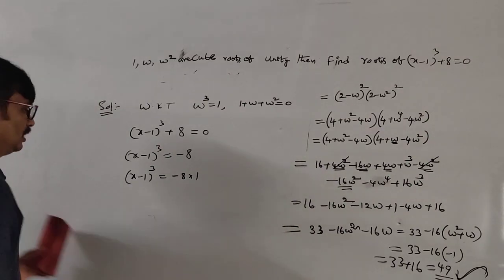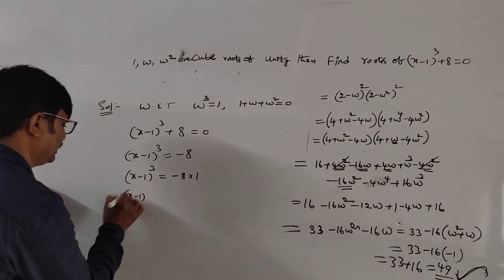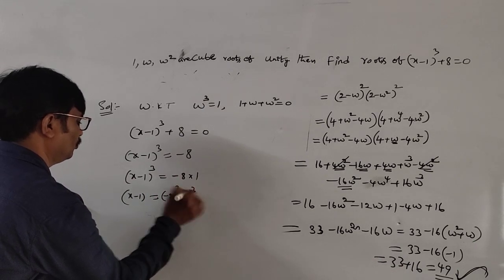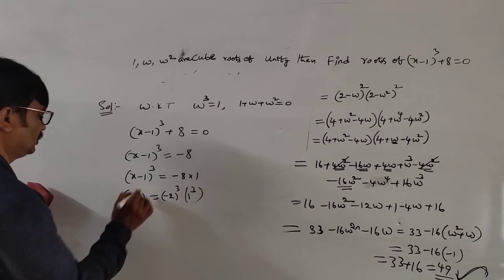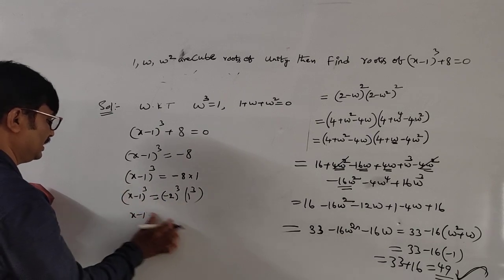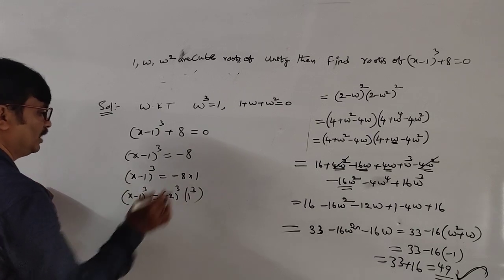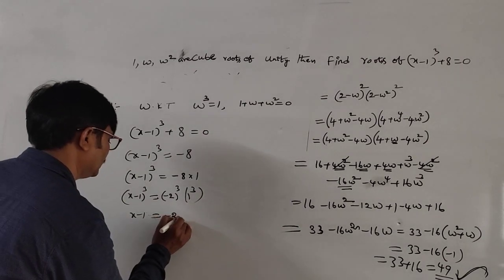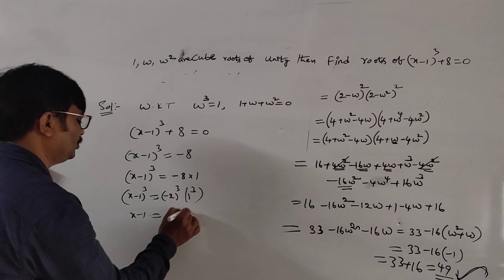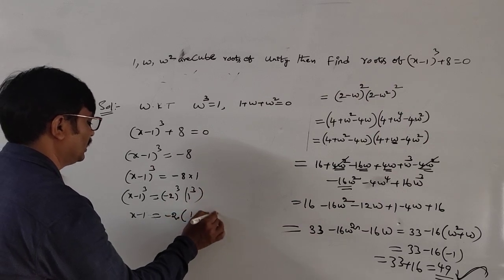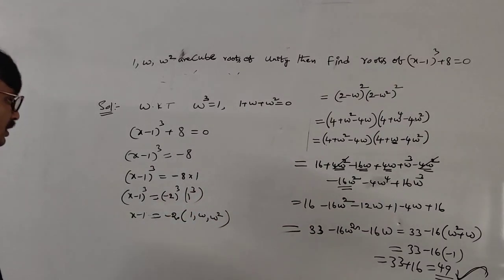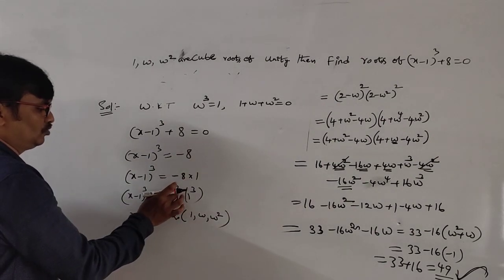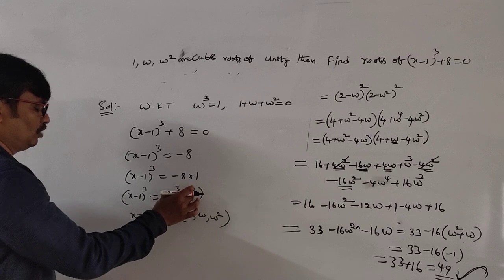So students, now this is x minus 1 whole cube equals minus 2 whole cube into 1 cube. This is x minus 1 into cube, and cube and cube root are cancelled. So that is minus 2. Cube roots of unity are 1, omega, omega square. What is it, students? The minus 8 into 1. This is minus 2 whole cube. This is also 1 cube.